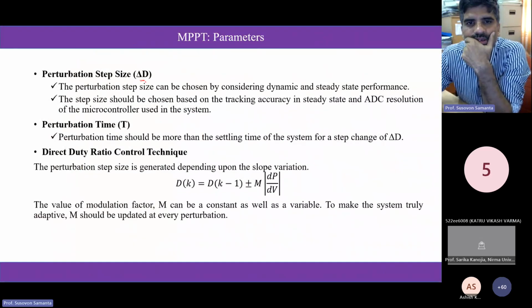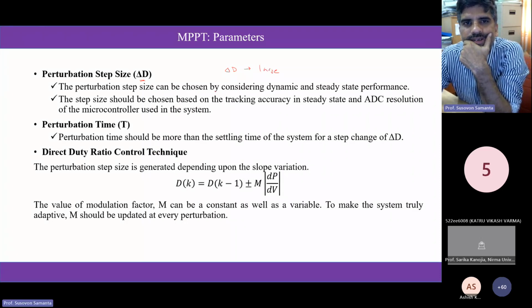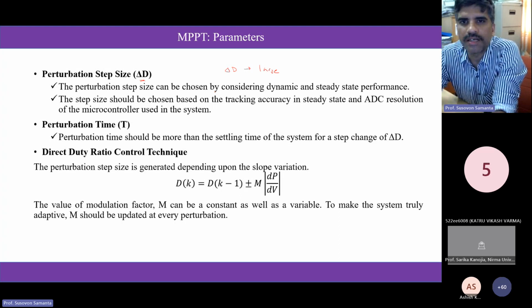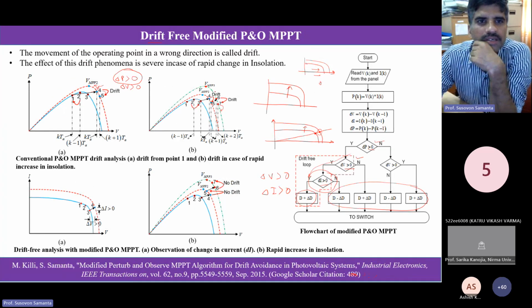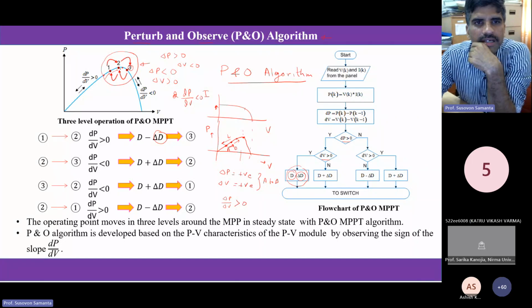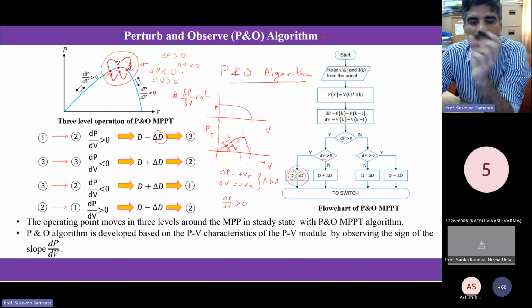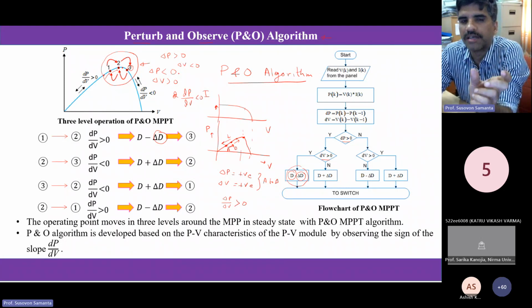You can simply understand one point: if I take delta D as a large value, then what will happen? When it reaches the steady state, there is a huge oscillation, because this 1 to 2, 2 to 3 step basically depends upon the value of your delta D.